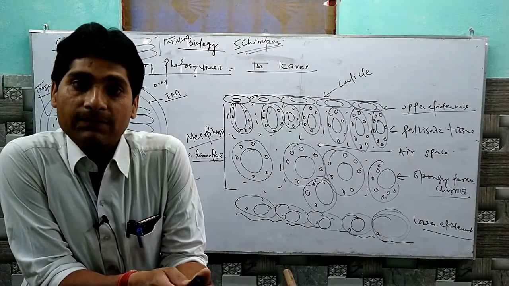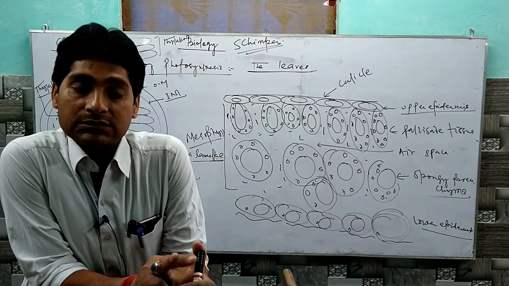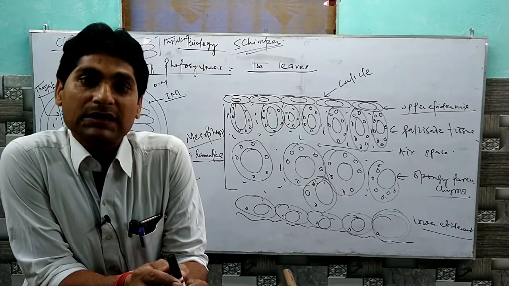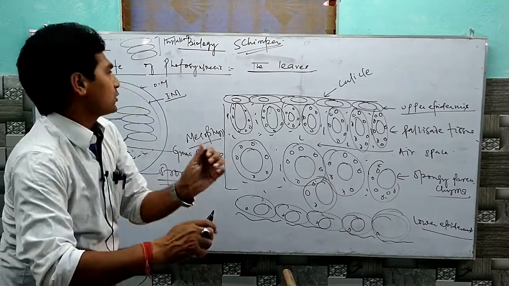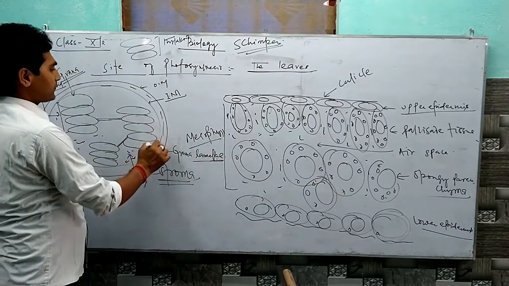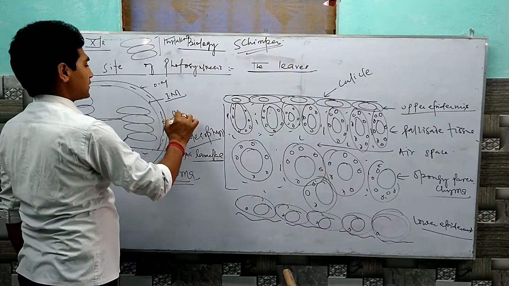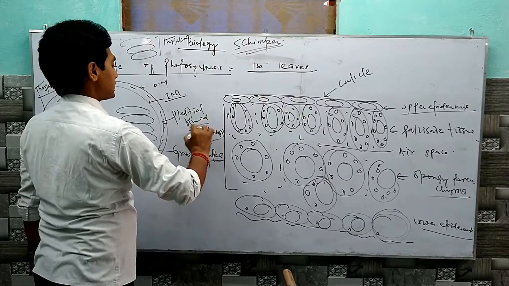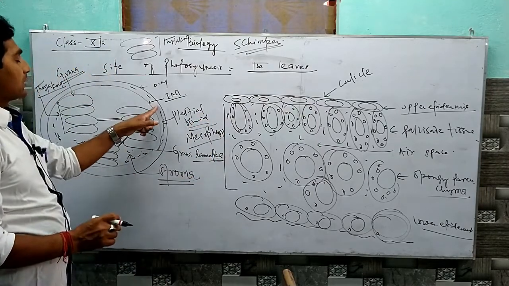Both membranes are separated from one another by a fluid called plastidial fluid. Between the two membranes there is a plastidial fluid.